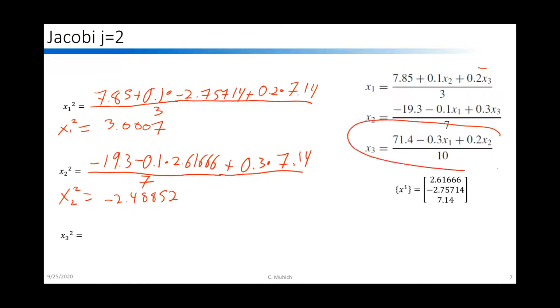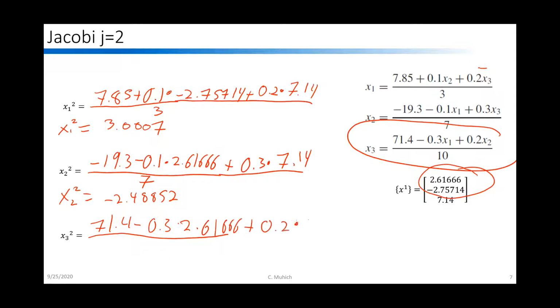We're going to use our x3 equation and x1 and x2 from our first iteration of the Jacobi method. So we have 71.4 minus 0.3 times x1, so that's still 2.61666 plus 0.2 times x2, which is negative 2.75714, all over 10.